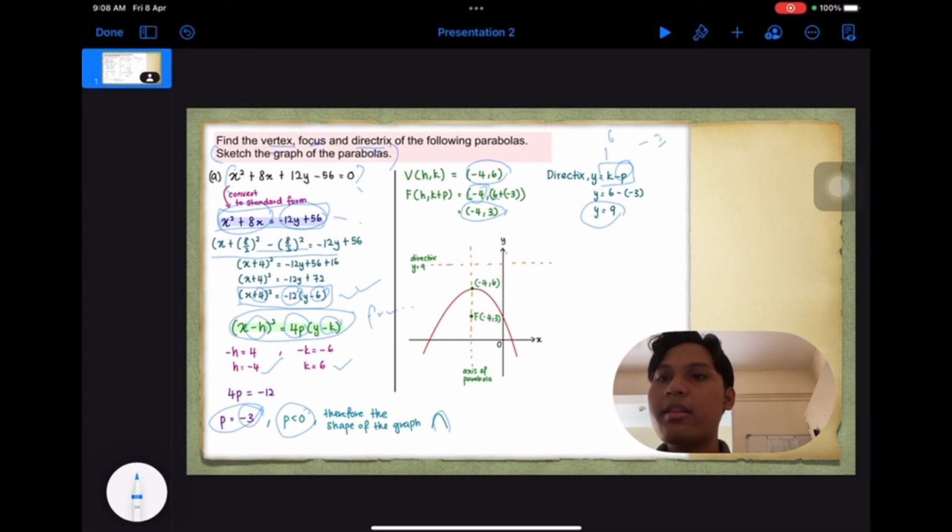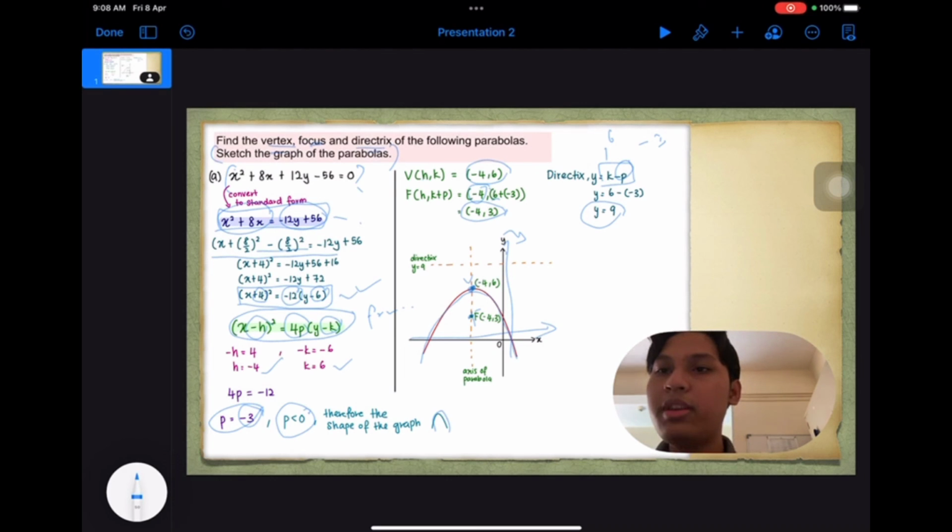To sketch this parabola graph, we need to sketch the x-axis and the y-axis first. Then we draw the parabola graph. We put the vertex at the top of the parabola, which is (-4, 6), and here the focus is (-4, 3).